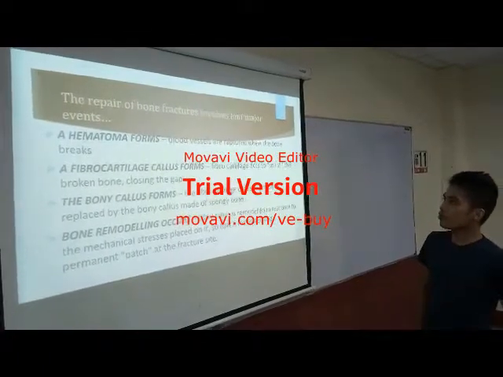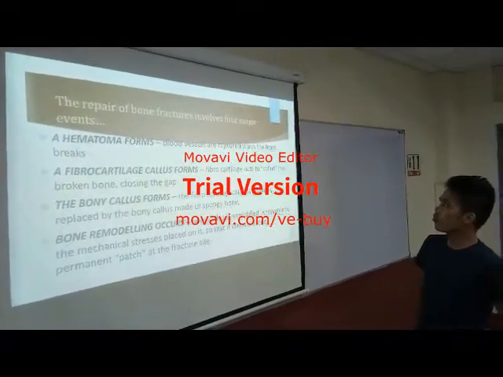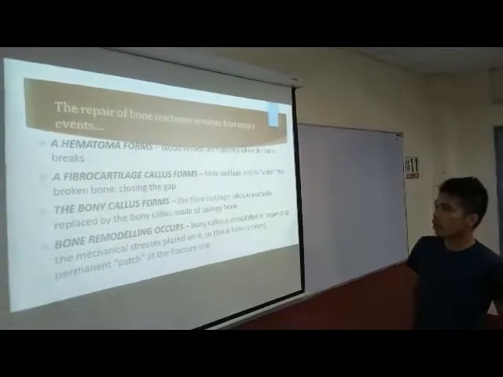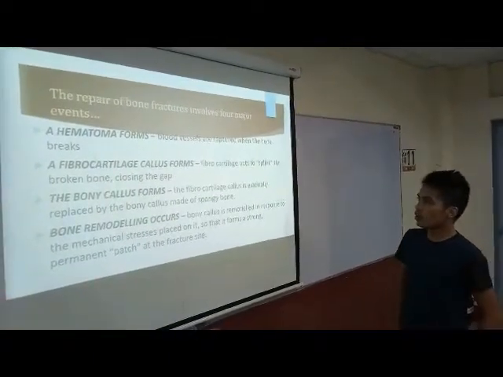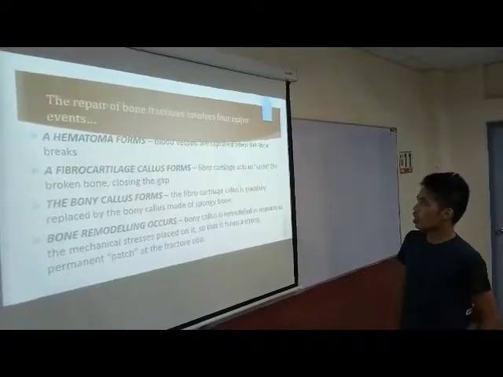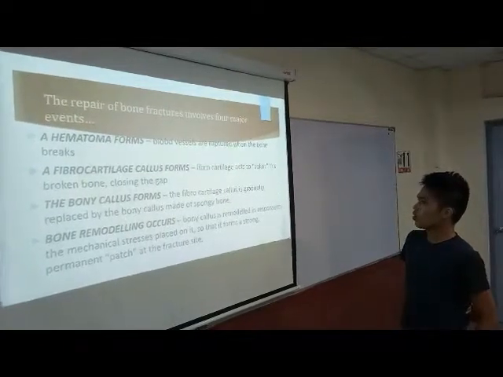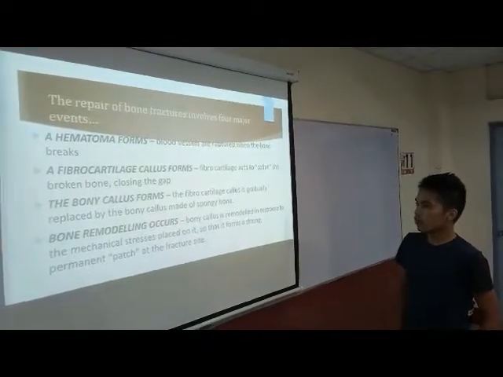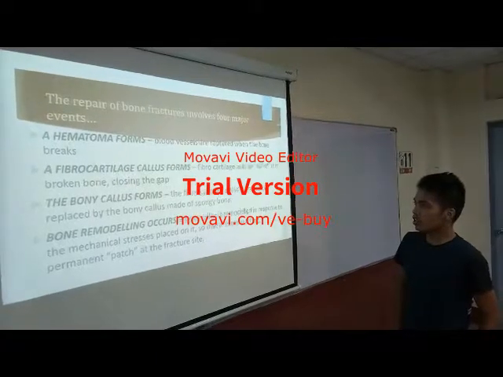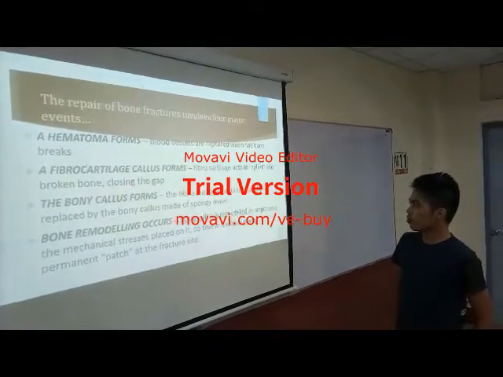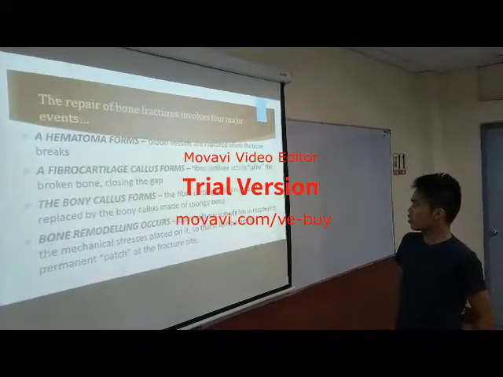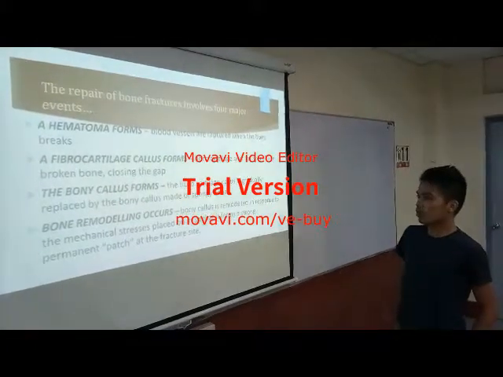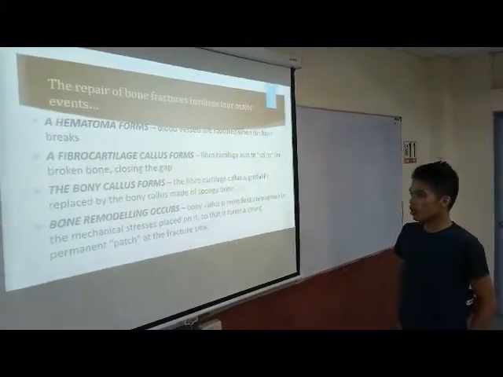The repair of bone fractures involves four major events. Hematoma forms: blood vessels are ruptured when the bone breaks. Fibrocartilage forms and acts to splint the broken bone, closing the gap.